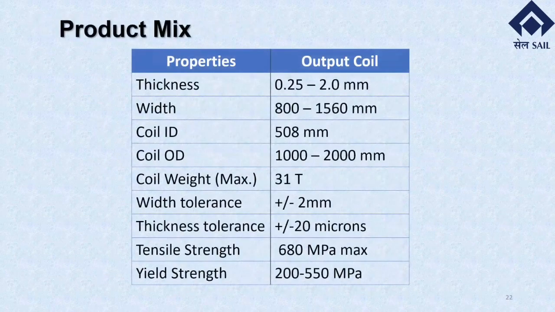Now coming to the product mix, what we are capable to produce over here is 0.25 to 2 mm. At present, commercially, we have not produced 0.25. We have only produced 2 to 3 coils of 0.25 on experimental basis.